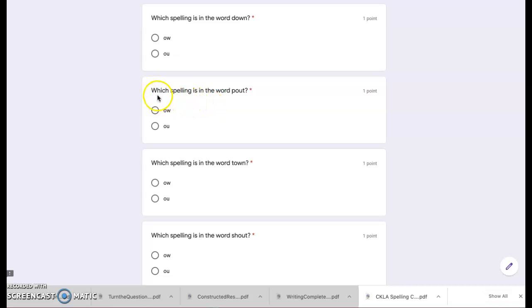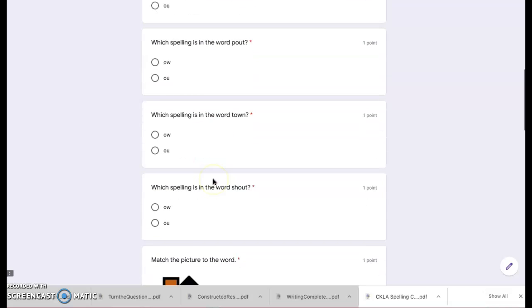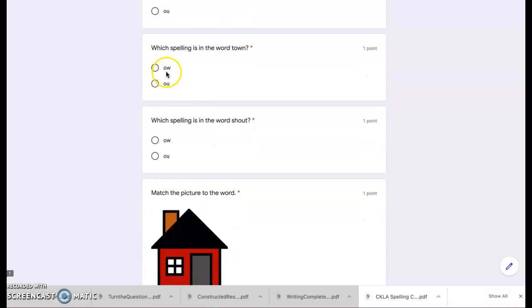The next one says, which spelling is in the word pout? Which spelling is in the word pout? O-W or O-U? The next one says, which spelling is in the word town?